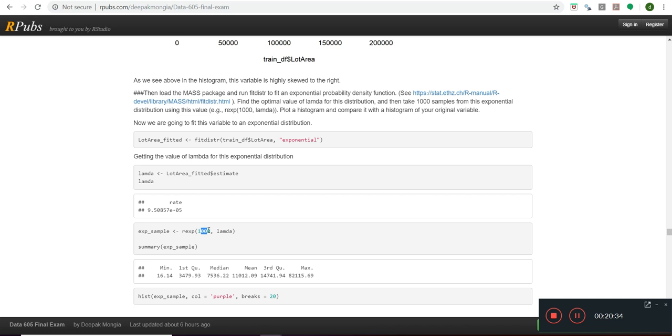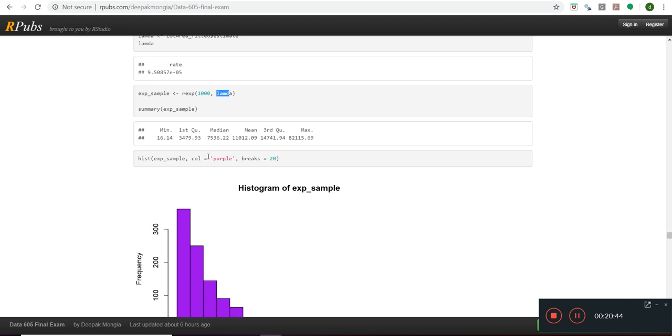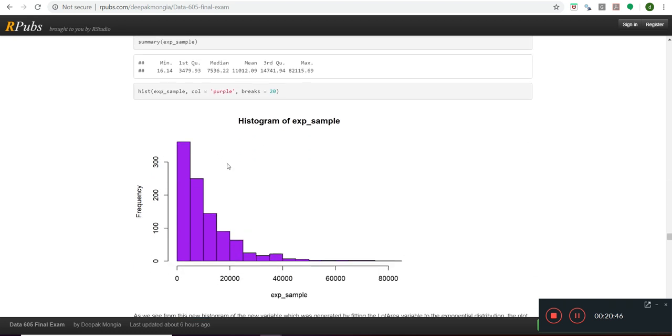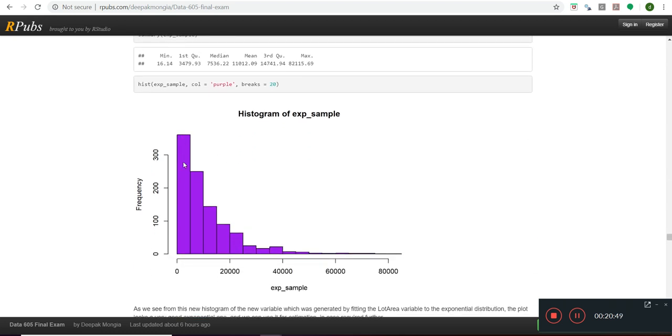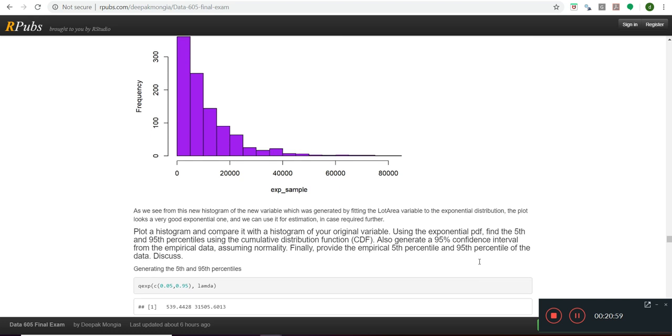We are asked to create 1,000 random values with the exponential function using the lambda that we derived from above, and then create a histogram for that. And now as we see, this looks to be an exponential distribution after we fitted the variable to this exponential distribution.